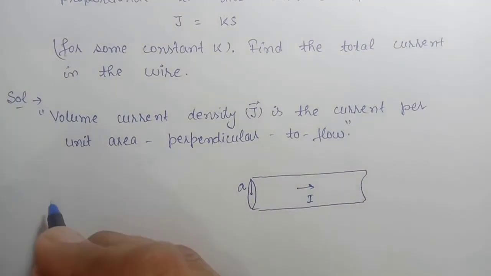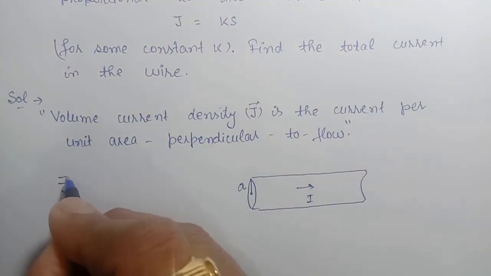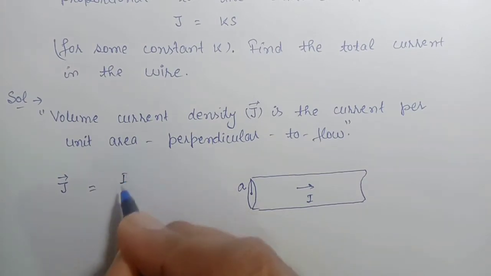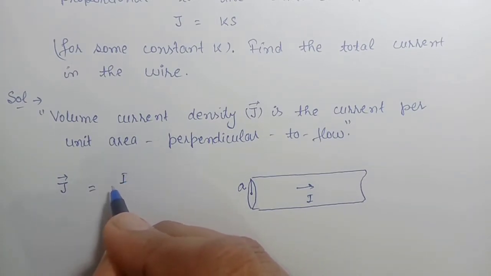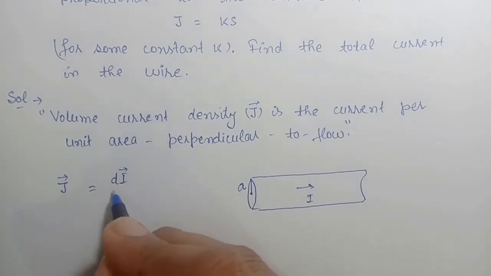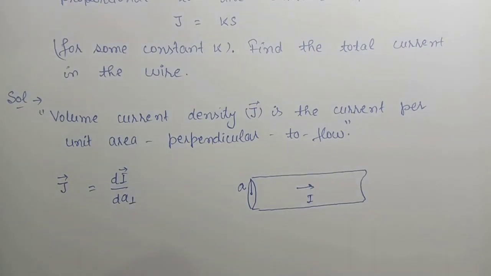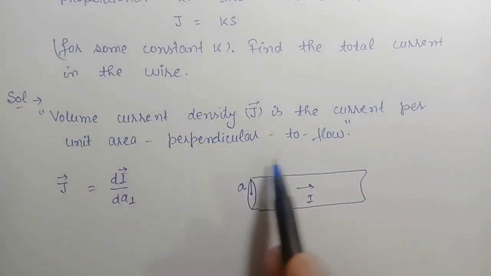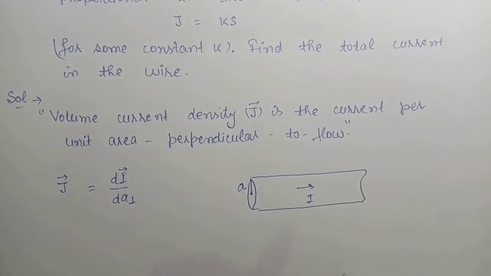So as per definition, current density J is equal to dI over dA perpendicular, that is, volume current density is the current per unit area perpendicular to flow.